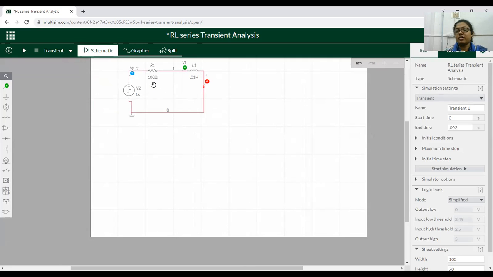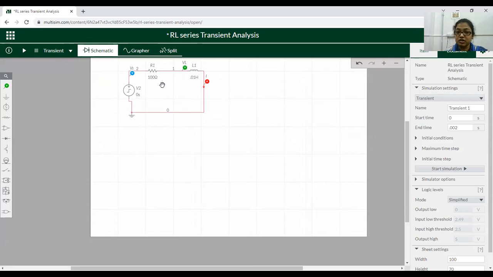If you take the ratio L by R, 0.01 Henry divided by 100 ohm, we get 100 microsecond.